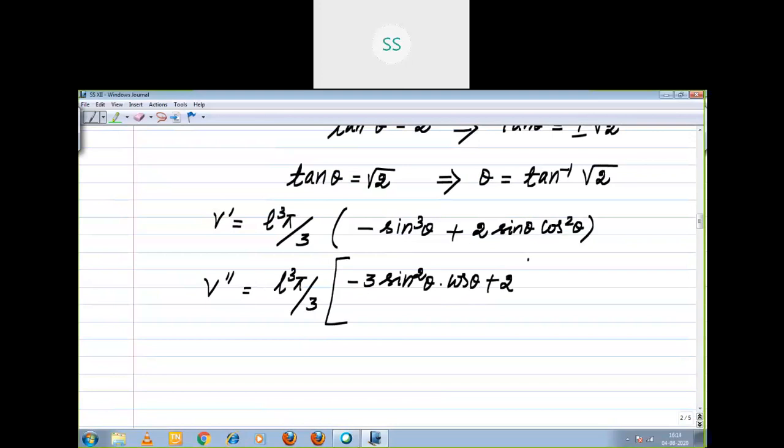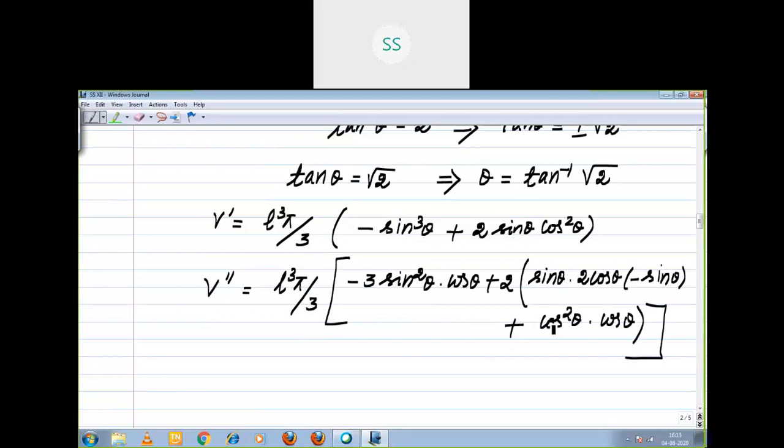Plus 2 into, here you are going to apply the uv formula: sin theta into 2 cos theta, and u v dash, that is 2 cos theta. Again when you differentiate cos theta, what you will get? Minus sin theta.